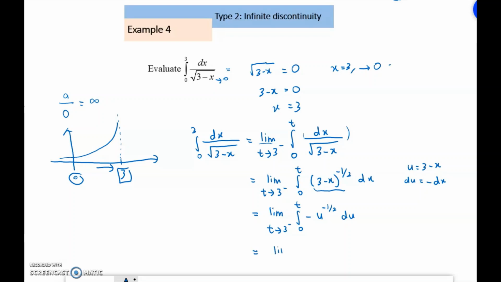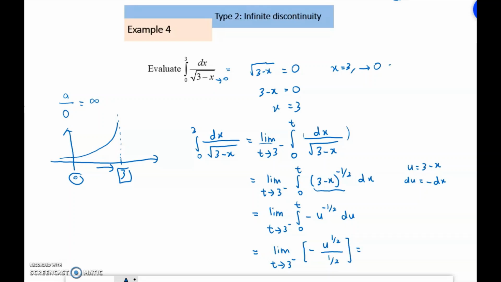Is equal to the limit of t. So we now solve this, we get negative u to the power of 1 over 2 over 1 over 2.